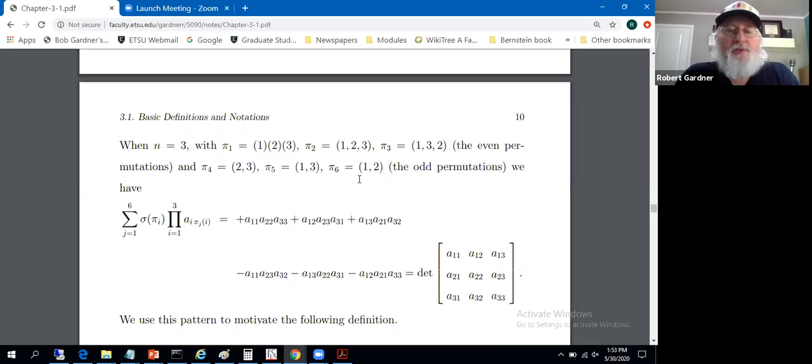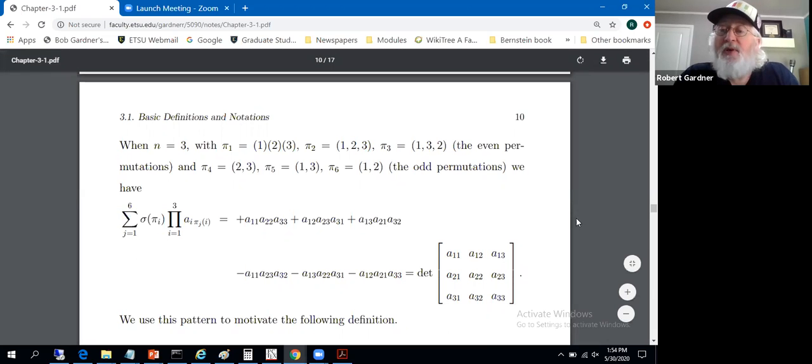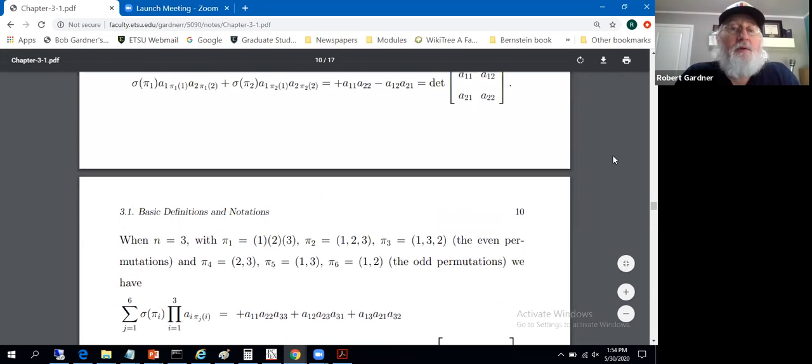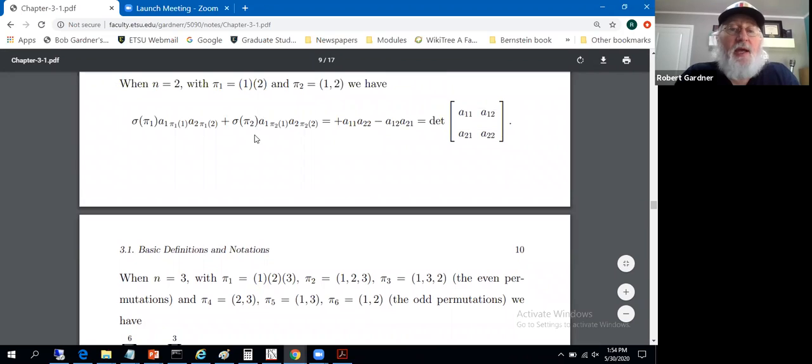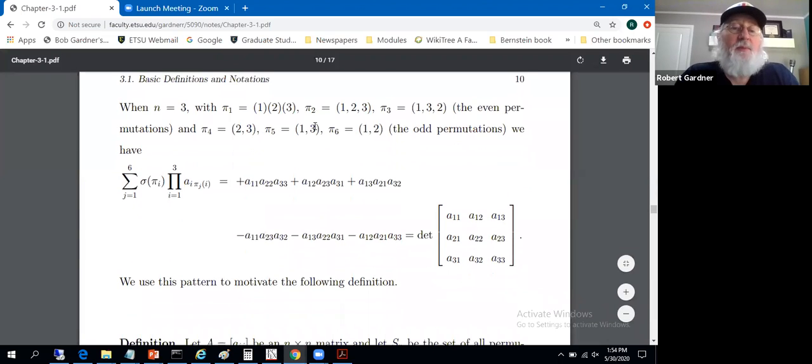Okay, so what we're going to do is add up, like we did on a previous slide, except on that slide we only added 2 things together, because n equals 2 and we only had 2 permutations. Now, we've got 6 permutations.